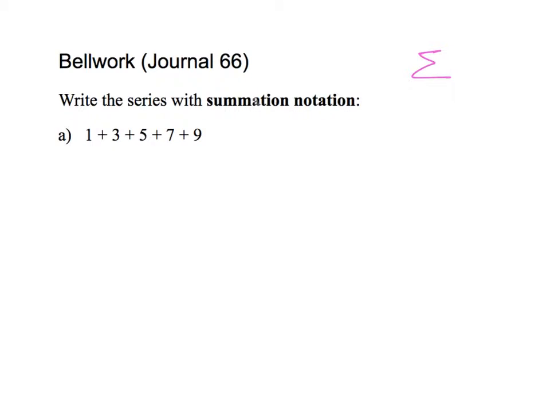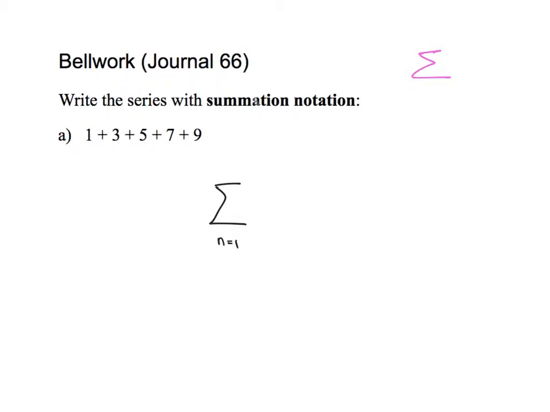So first, I can look at this, write a sigma, and I can declare a lower limit. So I'm going to declare my lower limit to start at the term position 1. So I'm going to say n is equal to 1. Remember, you usually use a variable and then a number.